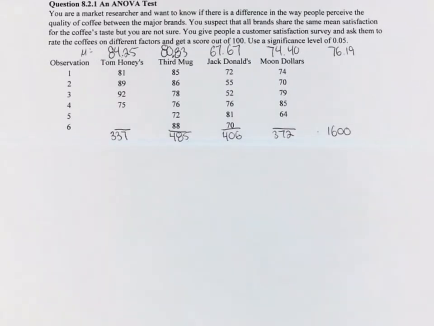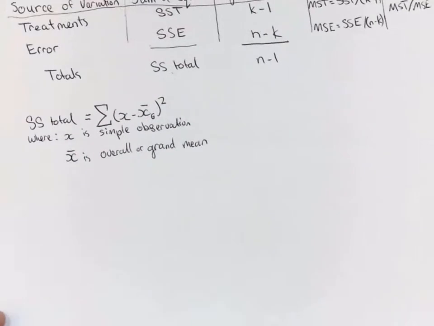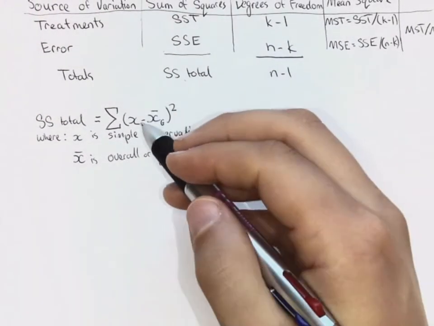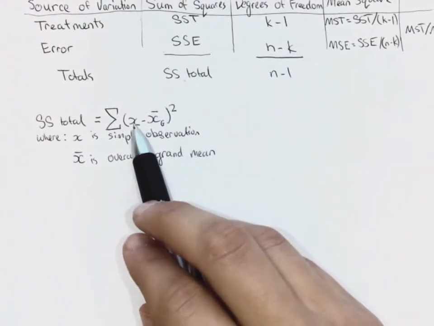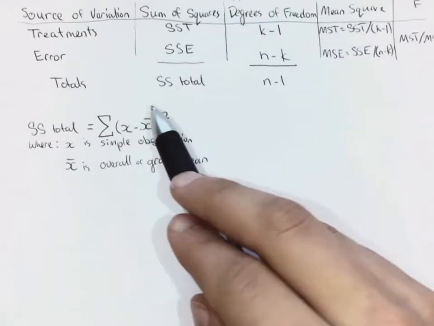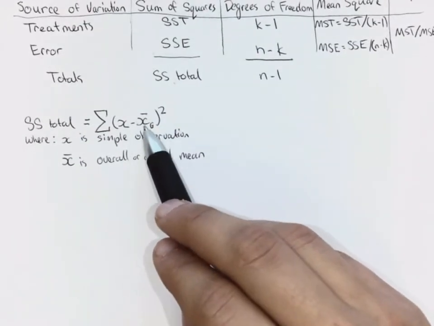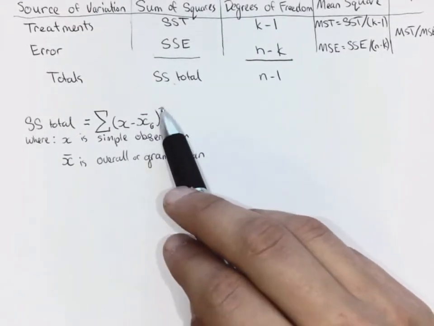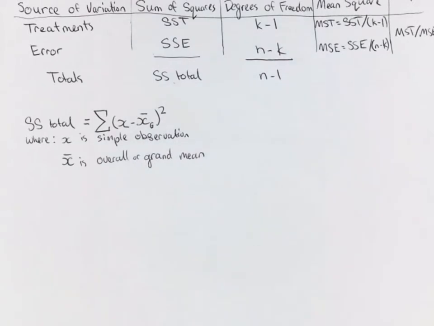Now our SS total formula shows that we actually need to get our simple observation, so each one of these observations less the grand mean, and then we'll square them. We'll add them up.